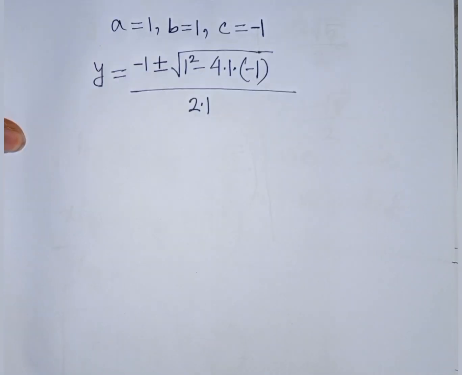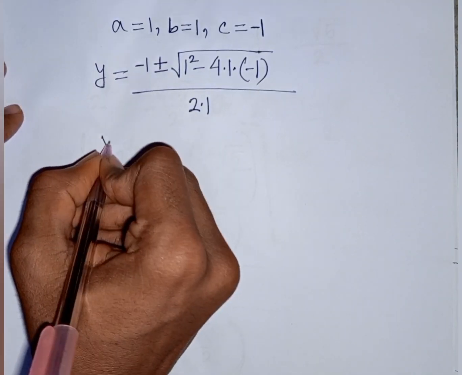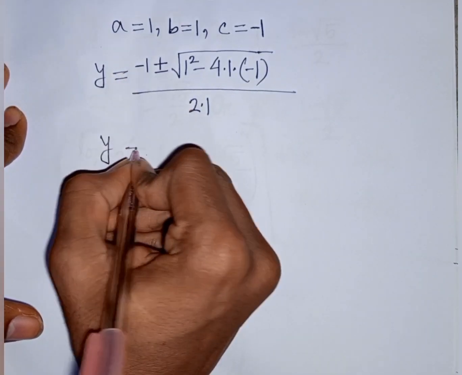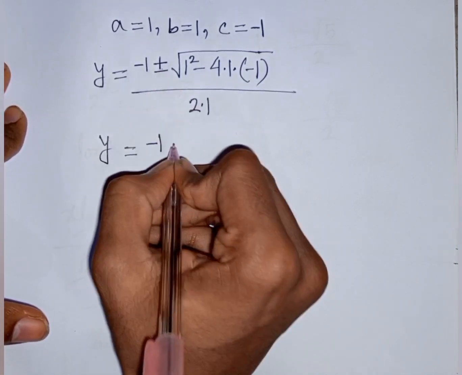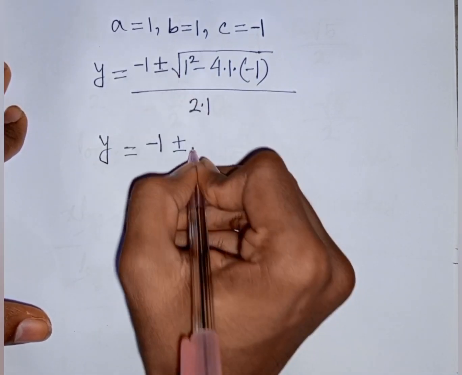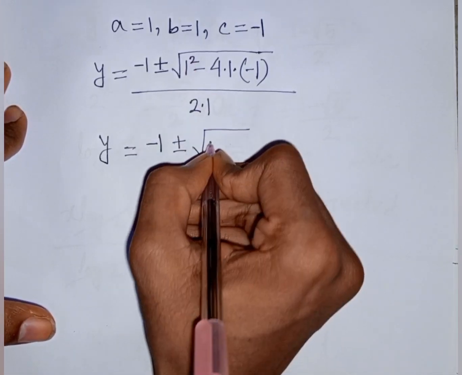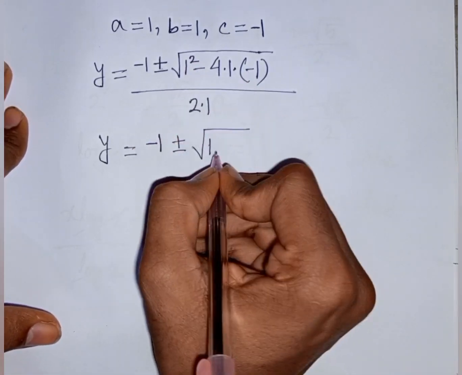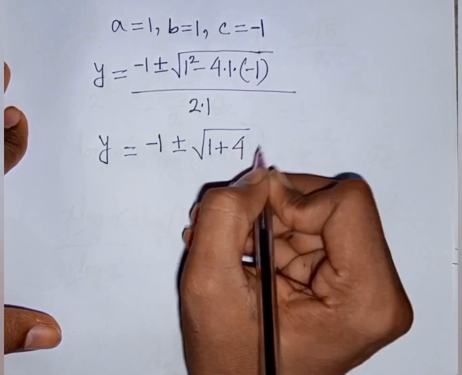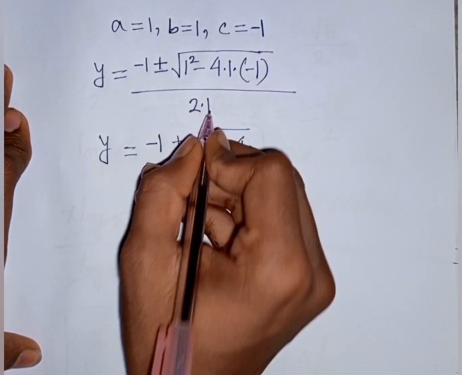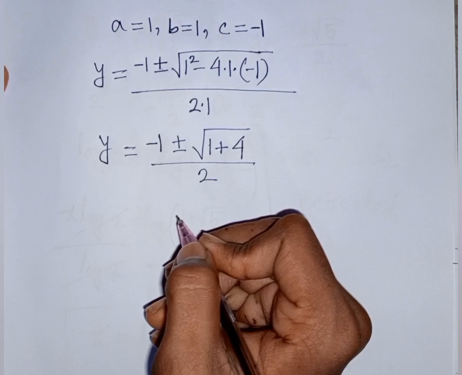Now we can write here y is equal to minus 1 plus or minus a square root of 1 square is the same as 1, then minus times minus, that means plus, 4 times 1, that means it will be 4, then divided by 2 times 1, that means 2.